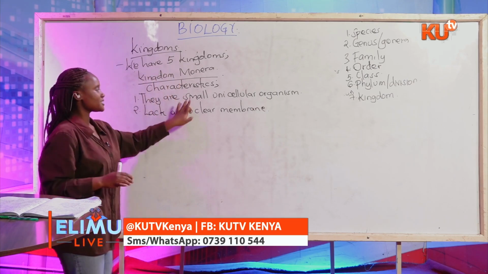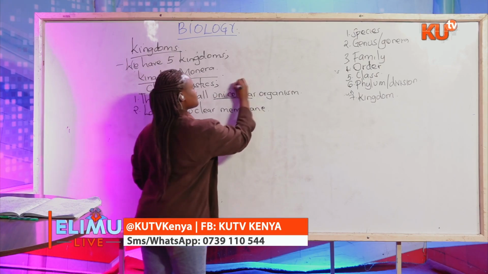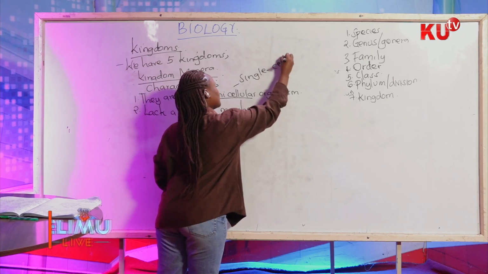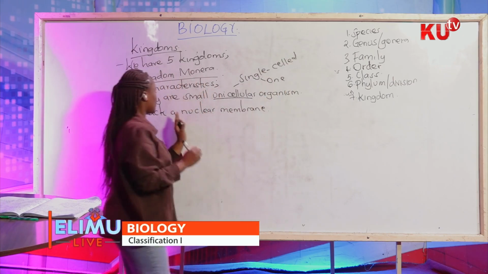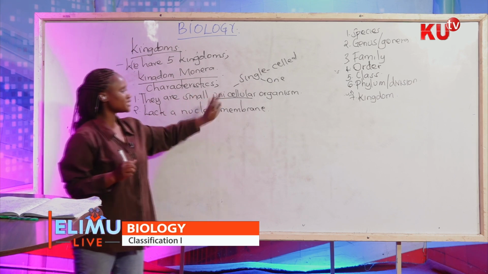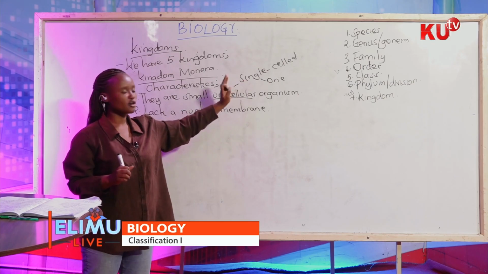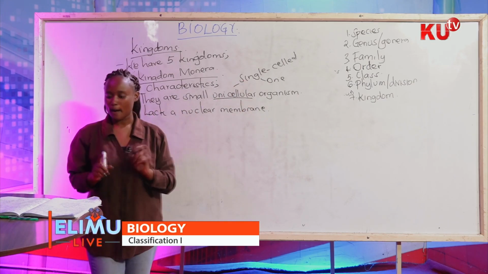They are very small unicellular organisms. Unicellular, this means it is single-celled. Single means one. Unicellular means single-celled or one, and then they lack a nuclear membrane.